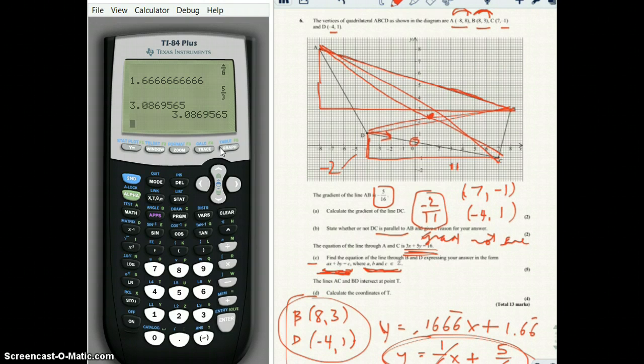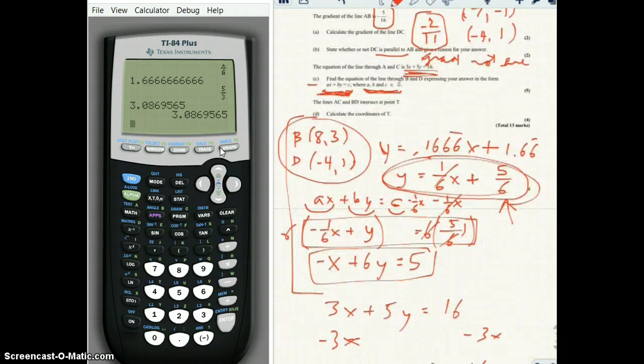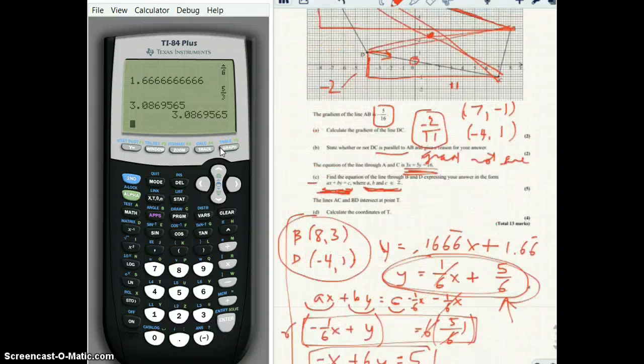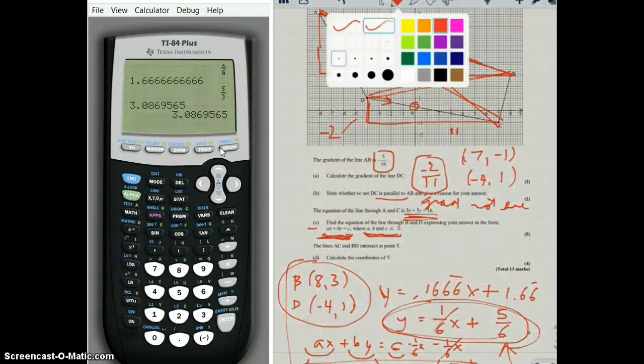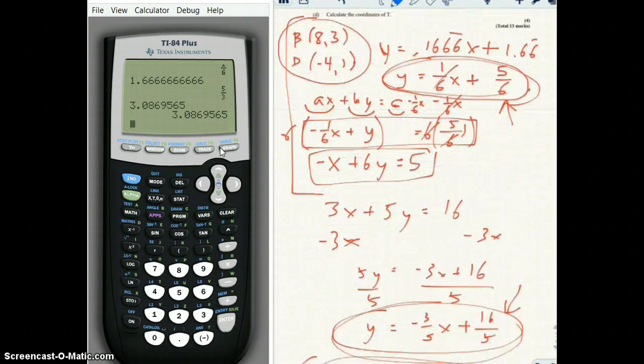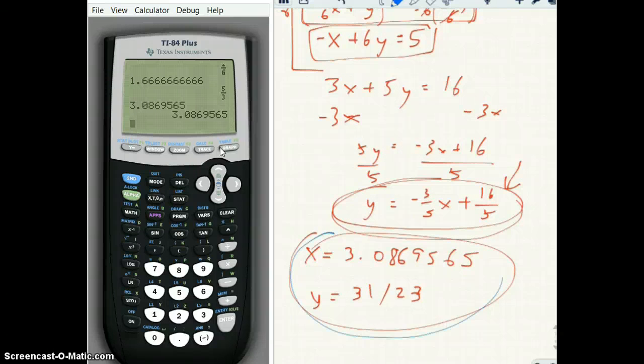My drawing is really bad. If I did it with a ruler, maybe I could see. The point I came up with is about x equals 3 and y equals 1.5. Let's see if that's plausible. Let's change the color because it's a big mess here. Would 3, 1.5 be about here? Yeah, that could be. One of my two lines is going through there, so that might be right. So that answer is possible. Okay, that's it.